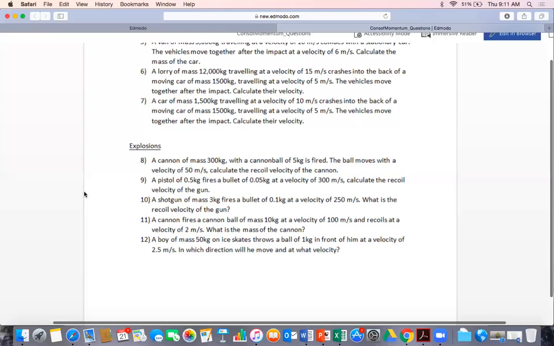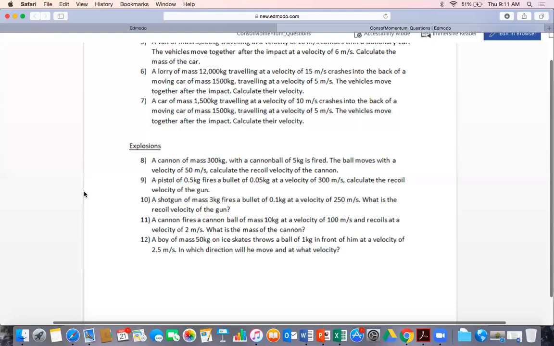The ball moves with a velocity of 50 meter per second. Calculate the recoil velocity of the cannon. Okay, anyone wants to try? I got wrong also. Okay, anyone else? Anyone else managed to get the answer?